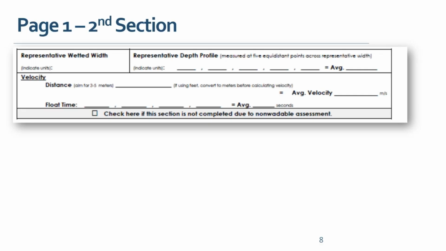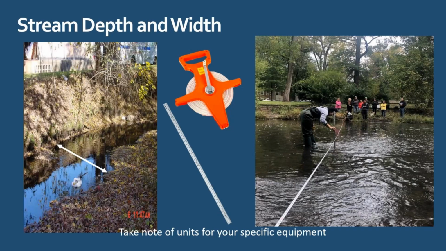Along that width, you will also take 5 measurements of the depth. And I will demonstrate what that would look like. So the width is the width of the actual water. That's the picture on the left.